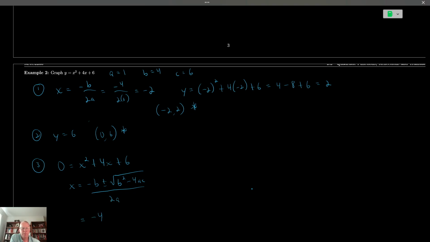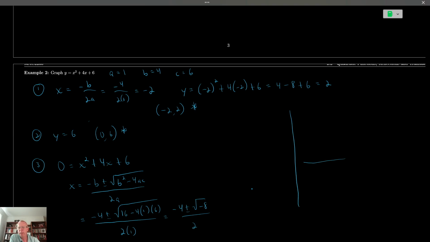So -4 plus or minus square root 4 squared minus 4 times 1 times 6. And we're going to get complex numbers here. So that is negative. So we'll just go ahead and write -4 plus or minus square root, that's 16 minus 24, so that's -8. So we're not going to get any real zeros.